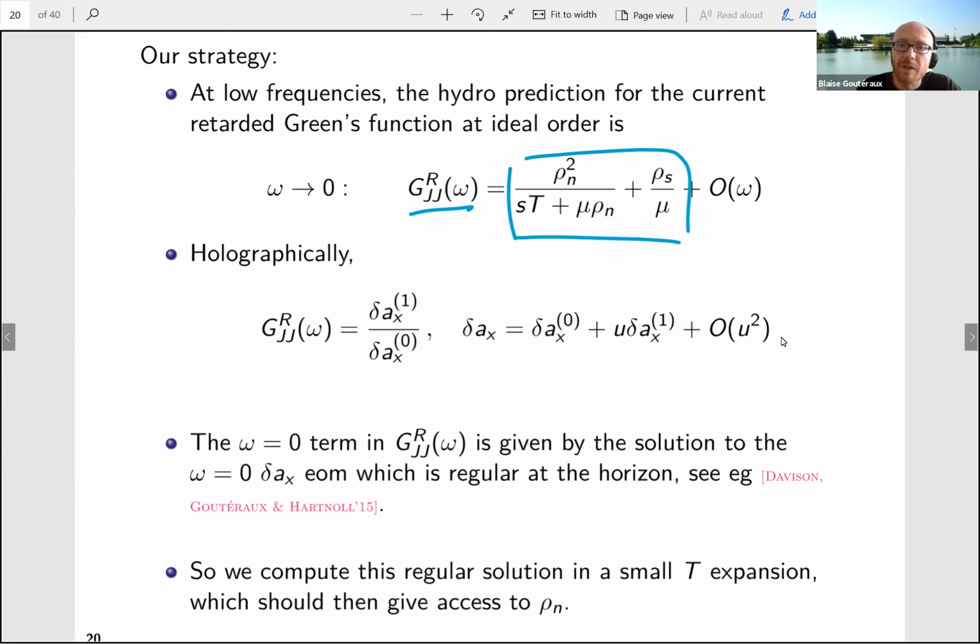One comes from the normal part of the system, and it has to do with the fact that translations are not broken in the system. That's why it's proportional to the normal density. It has to do with the dynamics of the normal fluid. And another one is proportional to the superfluid density, and this is the well-known source for the superfluid delta function.